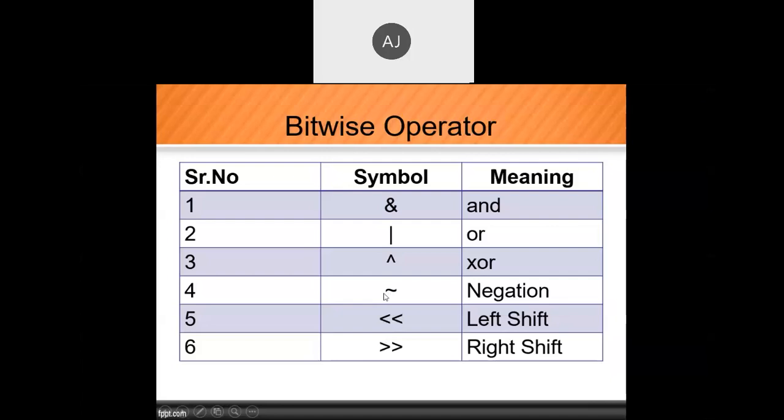When we talk about the single negation, we call it a unary operator. For that, we require only one operand. Again, for left shift and right shift, we require two operands, one variable and one size. So here is the AND operator, OR operator, XOR operator, negation operator, left shift and right shift. Let's discuss one by one.